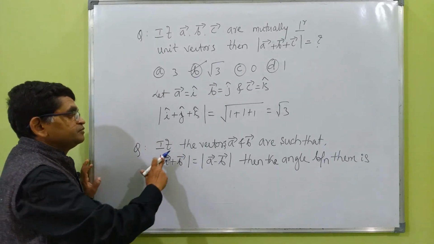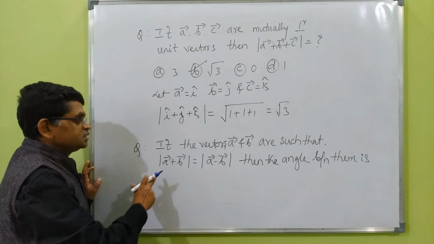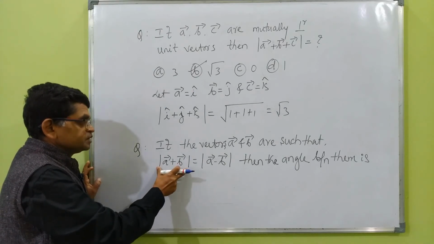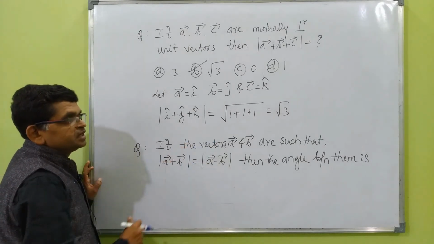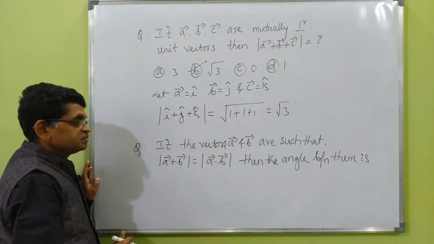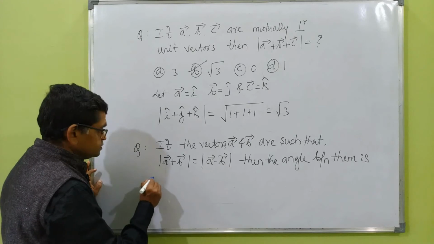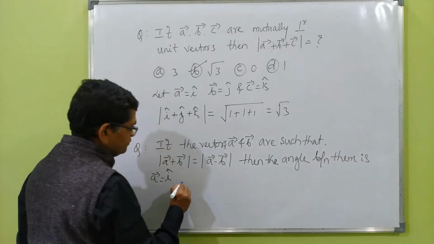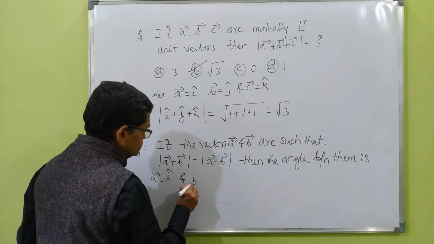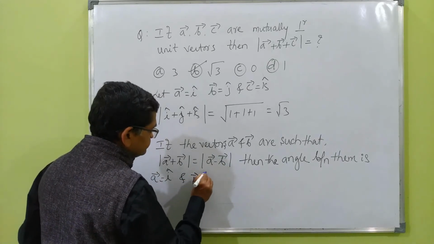Second one, if the vectors a and b are such that modulus of a plus b is equal to modulus of a minus b, then the angle between a and b is... here also it is better to assume i and j.